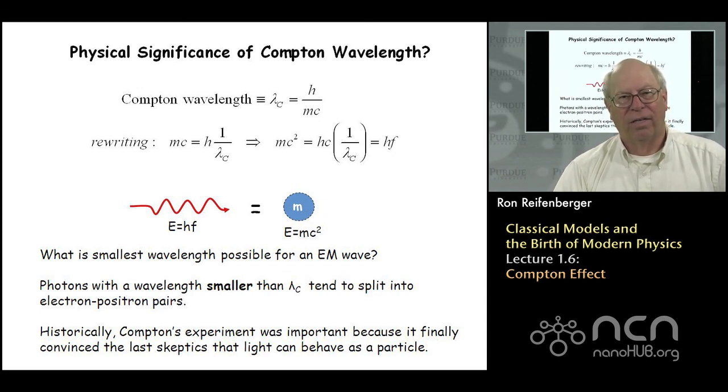It does have a momentum, and its energy is quantized according to the simple formula E equals h times f. So historically, that's why Compton's experiment is so critical, and it sets the stage for the developments of modern quantum physics for the next 75 years or so. It finally convinced everybody that light does behave as a particle.